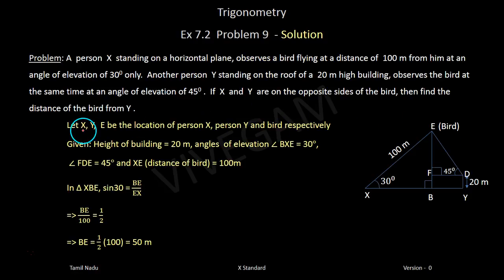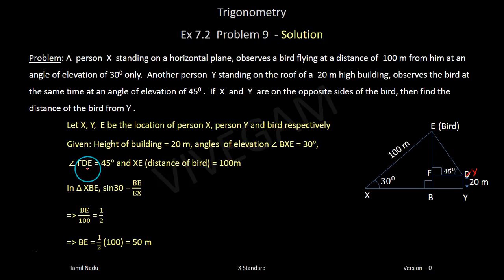Okay, the solution. Let X, Y, E be the location of person X, person Y, and the bird respectively. Given the height of the building is 20 meters, the angle of elevation is 30 degrees, and the angle of elevation from Y is 45 degrees. Actually, as I said, this is Y. And you need to change all these things.